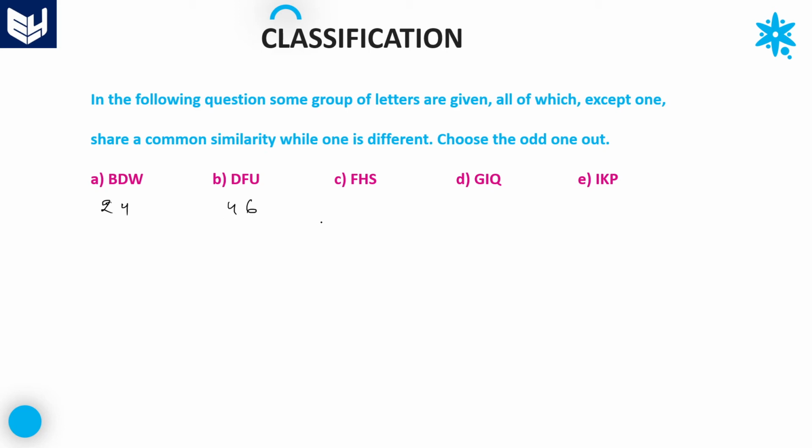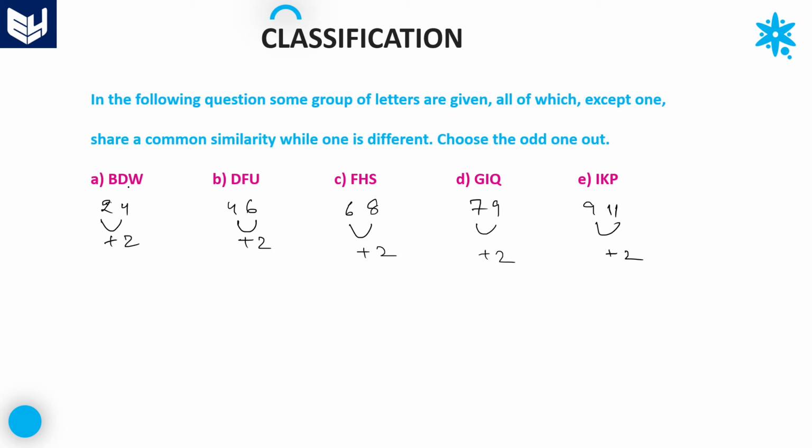I am writing only the first two letters' numbers. Here it is 6 and 8. After that, 7 and 9. Here it is 9 and 11. For the first two letters, the logic is plus 2, plus 2, plus 2.